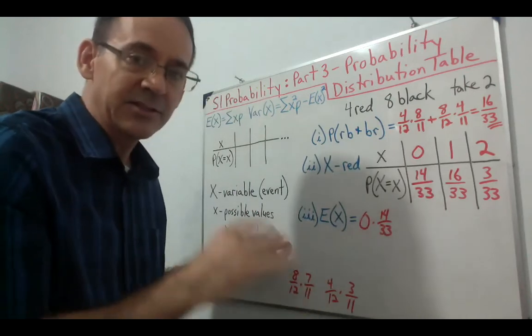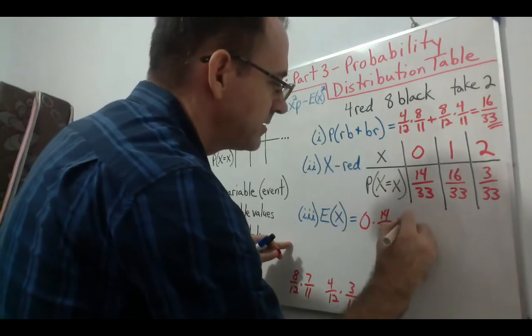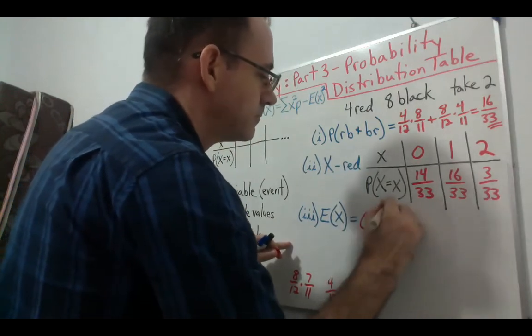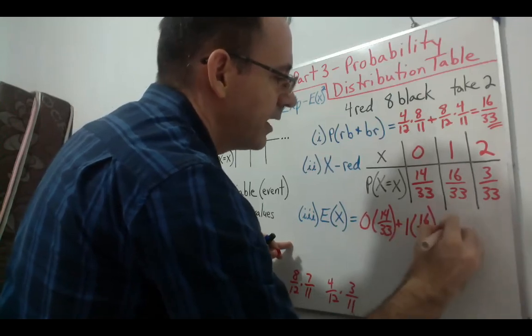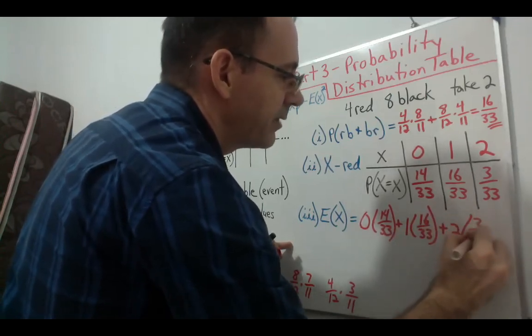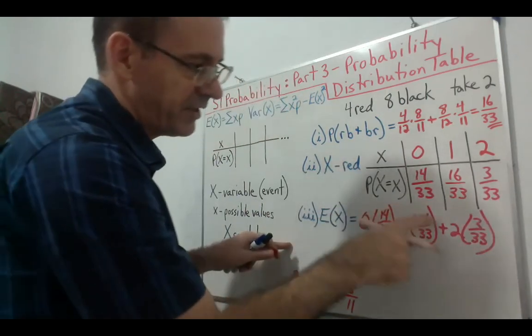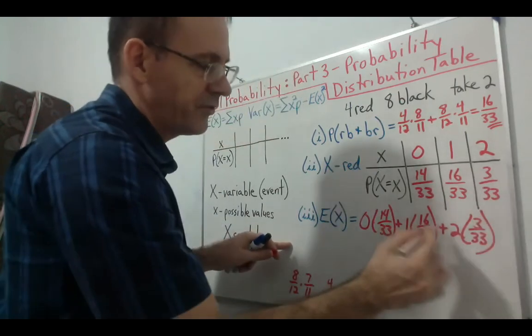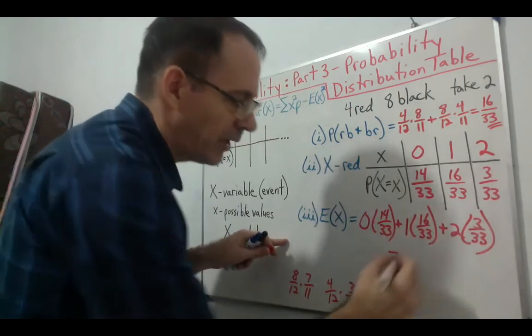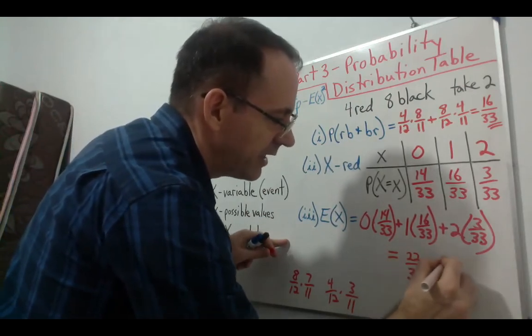It disappears. Plus 1 times 16/33 plus 2 times 3/33. So you have 16, and then 2 times 3 is 6. 16 and 6 are 22/33, which reduces down to 2/3.